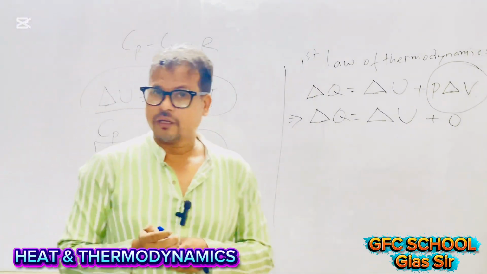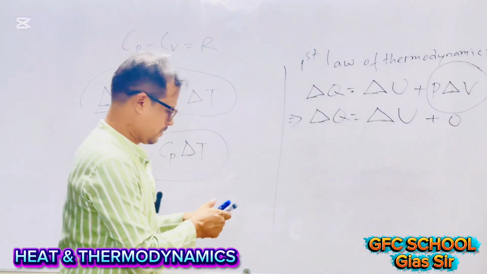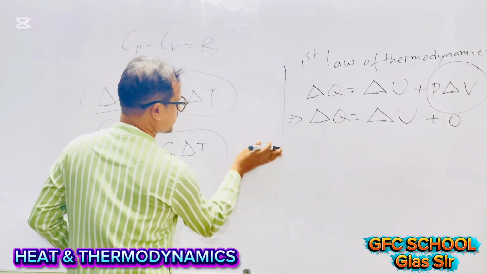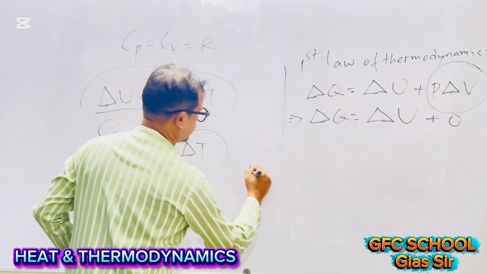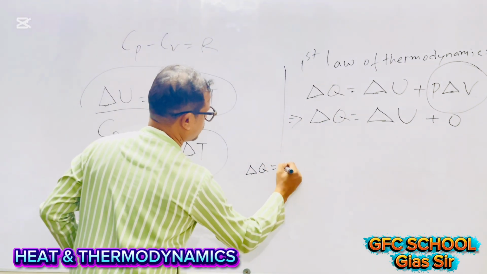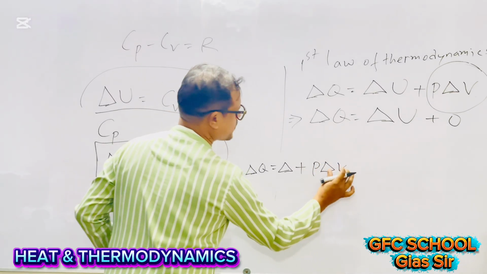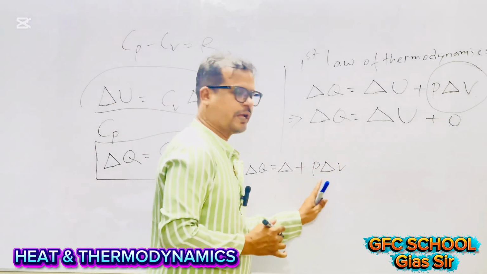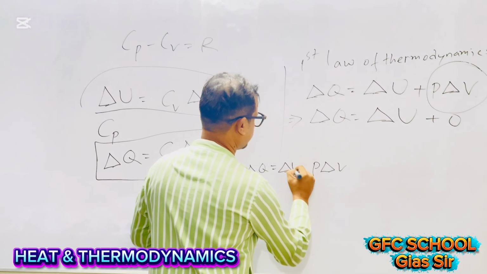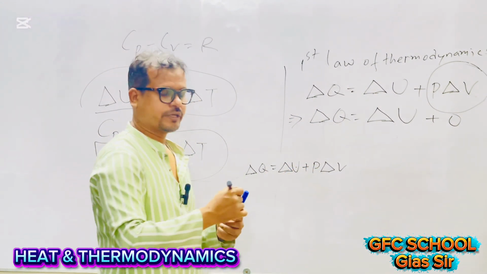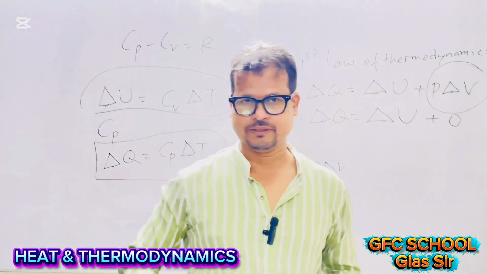Now again, I will apply the first law of thermodynamics. Del Q equal to del U plus P del V. Here, guys, del V is the change of volume, del U is the change of internal energy, and del Q is the change of provided heat.